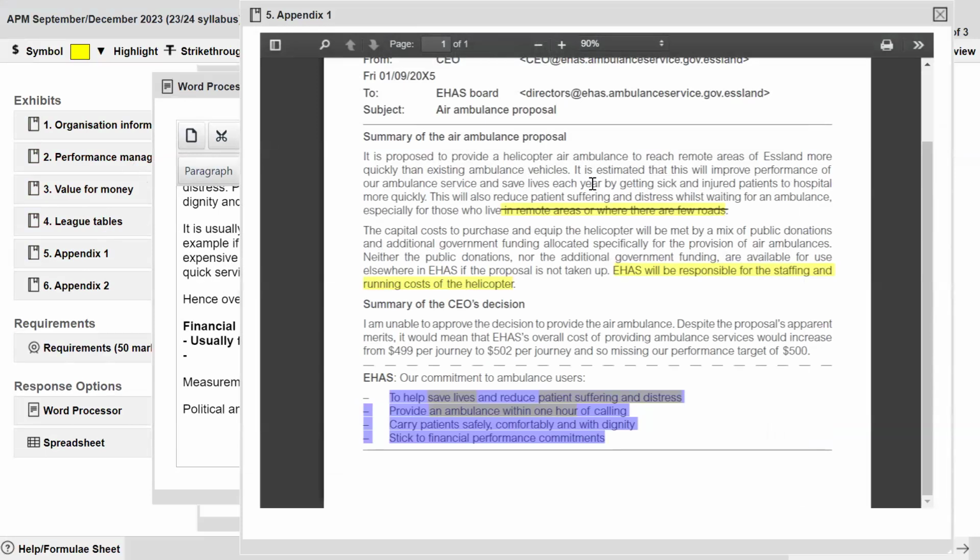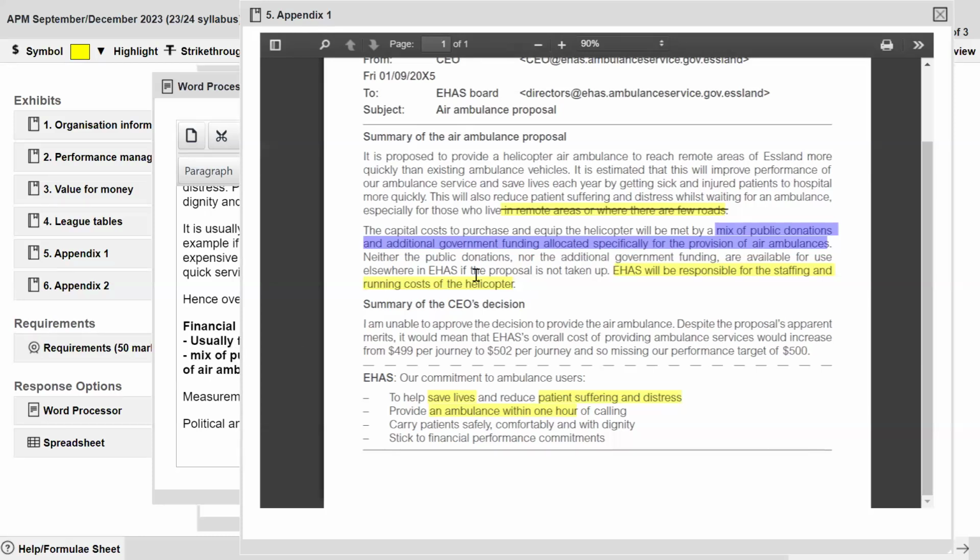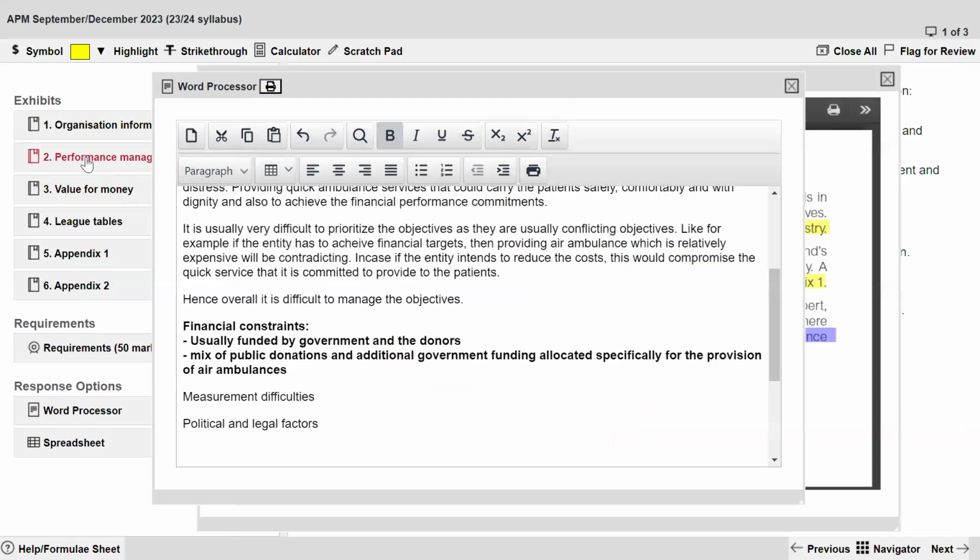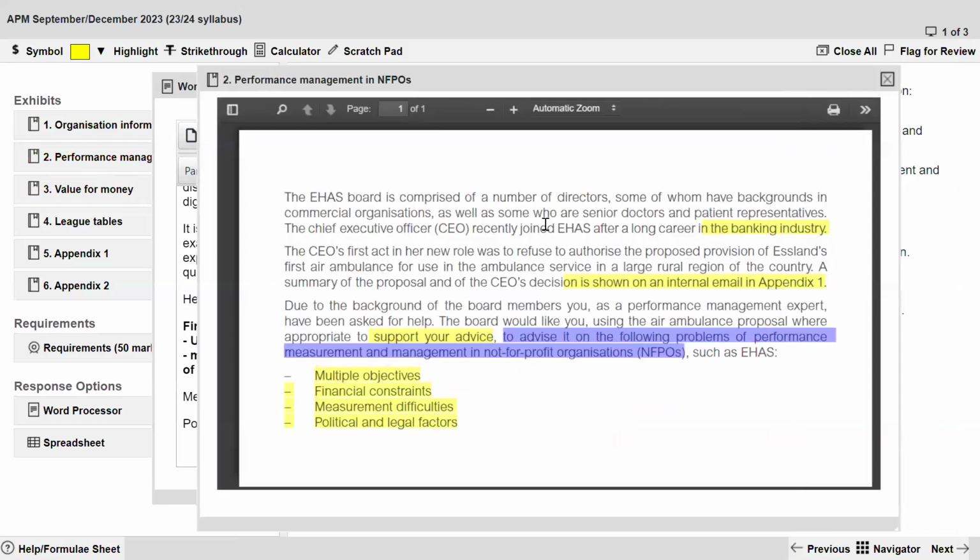It says that it is met by a mix of public donations and additional government funding allocated specifically for the provision of air ambulances. Neither the public donations nor the additional government funding are available for use. EHAS will be responsible for running so and so. Now, there was something else also mentioned in one of them.